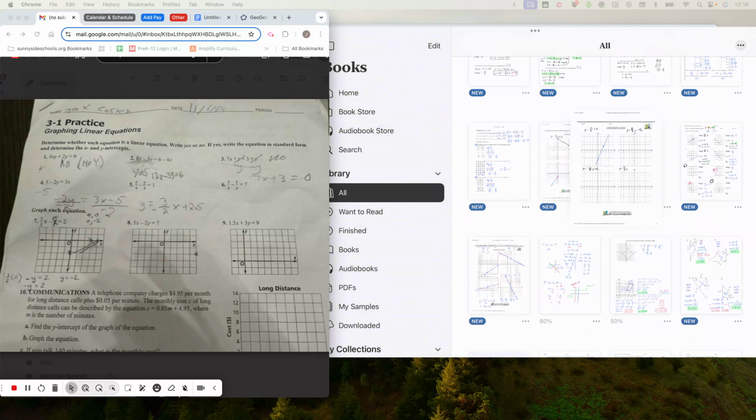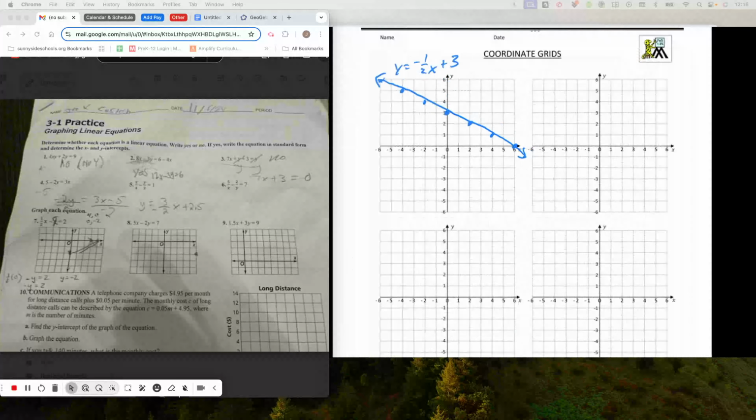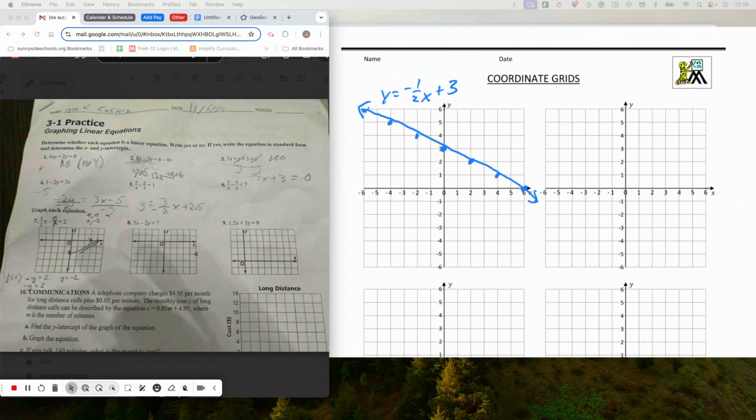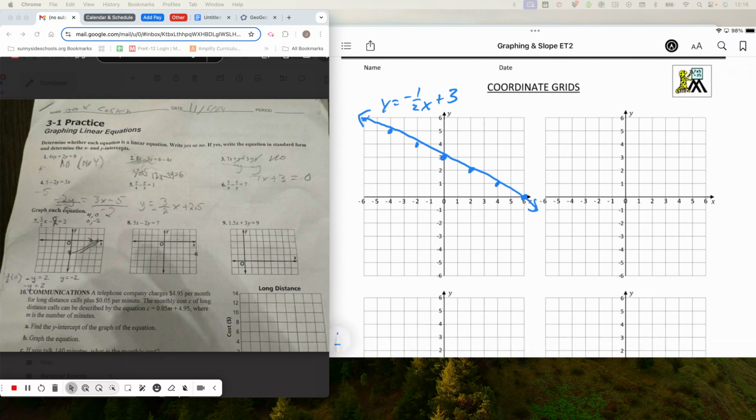So, coming back here, I used the slope-intercept form to graph that. Alternatively, we can use the x and y intercepts. So the x-intercept is going to be 6, 0 over there, and the y-intercept is going to be 0, 3 right there. And if we were to use those to do this, we would not be given the slope.